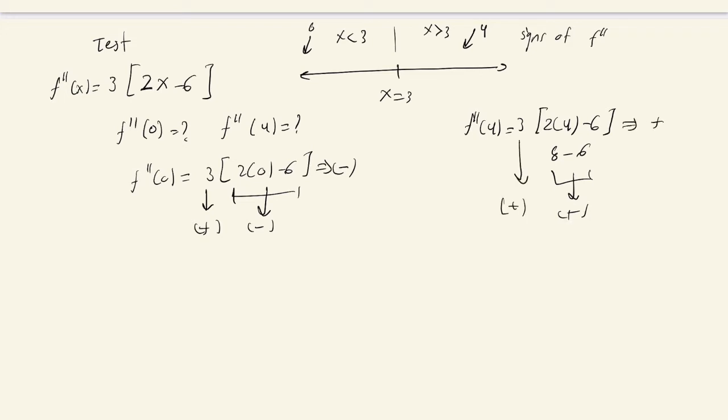So now I'm going to mark our number line, the x-axis, with negative and positive. What we can see here is that the sign of the second derivative changes when we go to values that are higher than x equal to 3 or lower. Therefore, this is an inflection point.